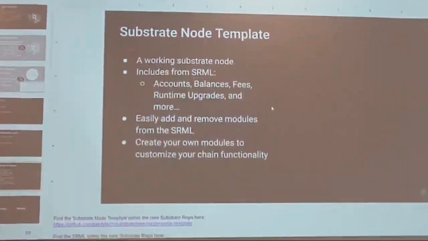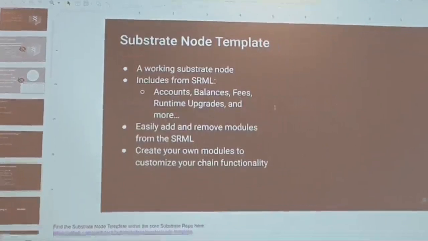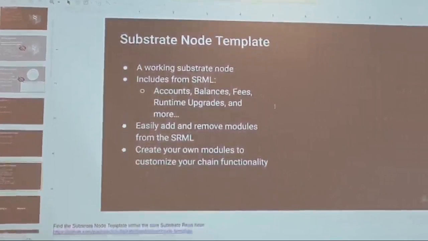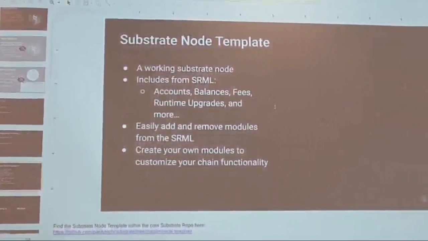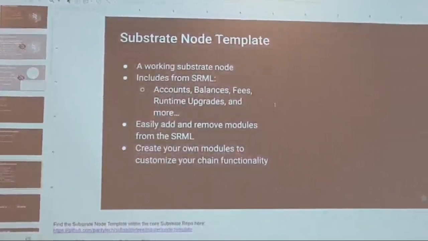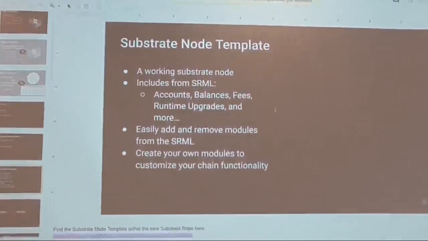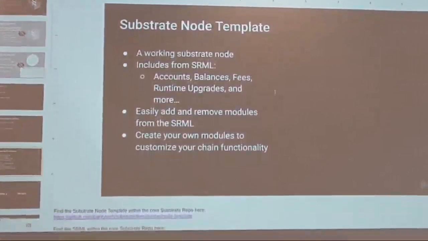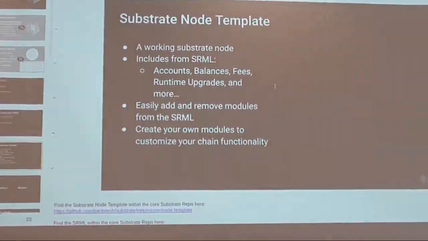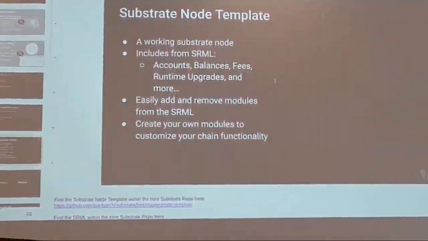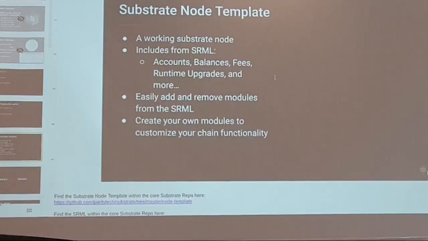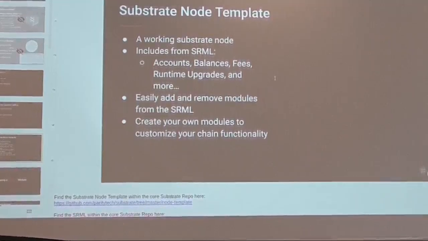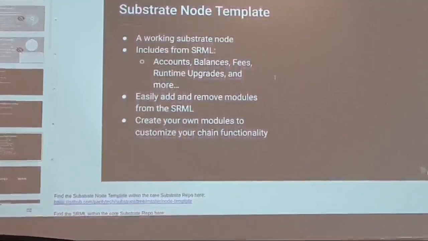So let's take a quick review of what we have seen so far. We have the folder structure, or the code base, that we are calling the Substrate node template. It provides a working Substrate node along with a few SRML modules, the Substrate runtime module library, which Sean was showing in his presentation. It includes some of those modules as examples and for some basic needs.